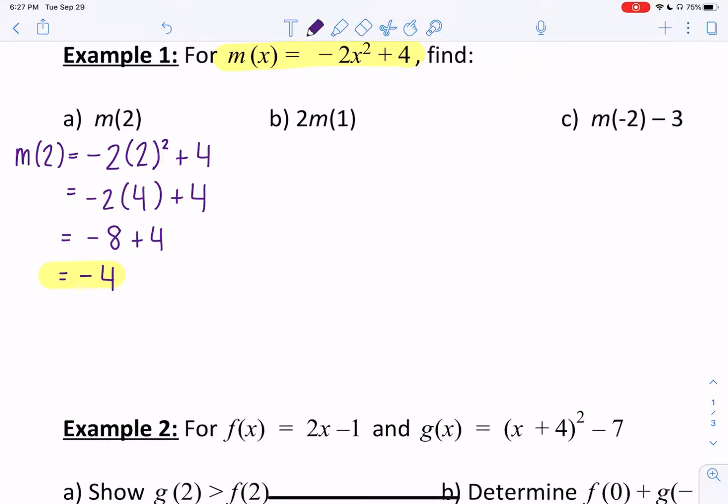Now sometimes we can make these a little bit more complex. So for this next example, we have 2 times m at 1. So 2 m at 1 is equal to 2 times, then my m at x, but instead of writing an x, I'm going to write a 1.